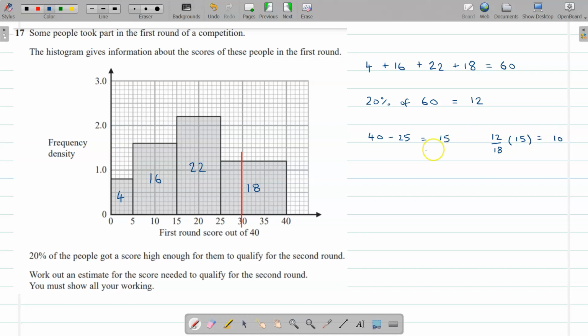And then the total score is 40, the highest score, minus the 10 will give me 30. It's almost easier just to see that from the drawings and diagram on there, but that's some supporting working as well.